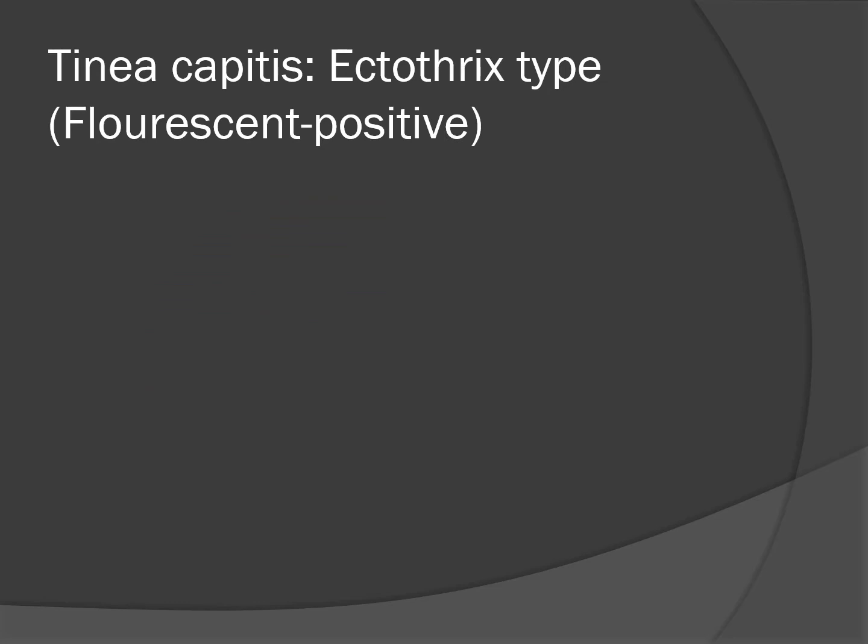Now, the Wood's light is a very useful tool in diagnosing Tinea Capitis. However, not all forms of Tinea Capitis will be positive for the Wood's light. Only those that are called ectothrix types are considered fluorescent positive.